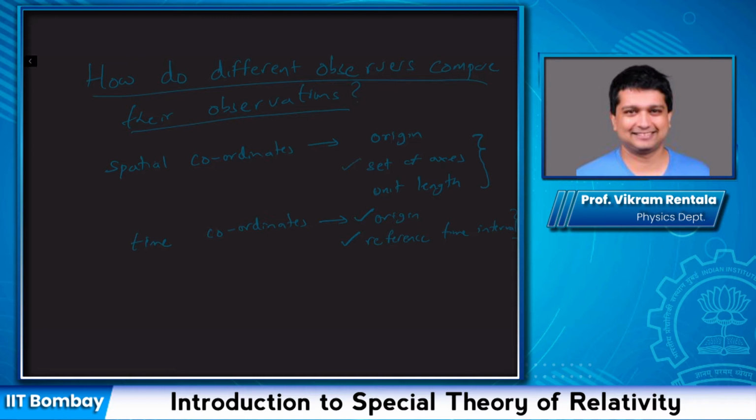They have the same set of spatial axes. They have the same unit length. But let's take two observers who differ in the choice of origin of their spatial axis. And let's ask how they describe the world and how they relate their different observations to each other.